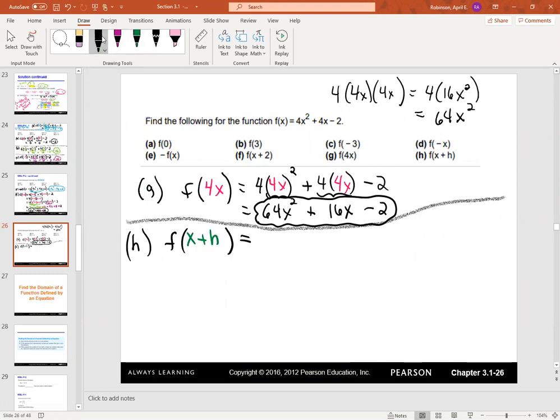Okay, so instead of 4 times x squared, it's going to be 4 times x plus h squared plus 4 times x plus h, and then you got a minus 2.